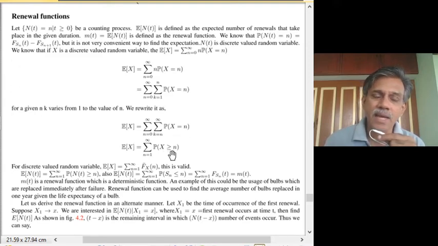Probability that x is less than n is the CDF of x, that is F_x of n evaluated at n, and therefore probability x greater than or equal to n is the CCDF, which can be denoted as F bar x of n. Therefore the expectation of x can be written as sigma n equal to 1 to infinity F bar x of n. So this is a very alternate way of writing it.